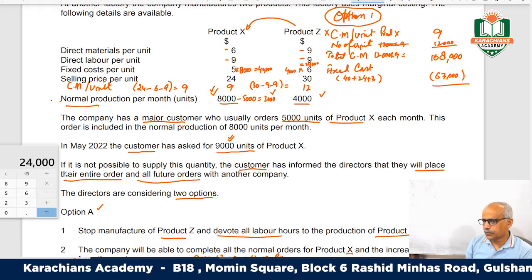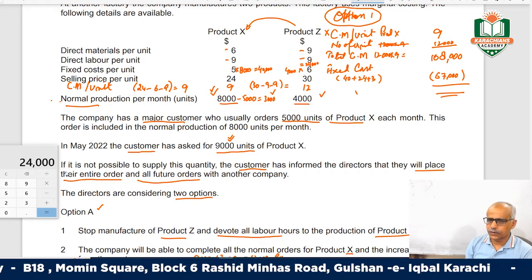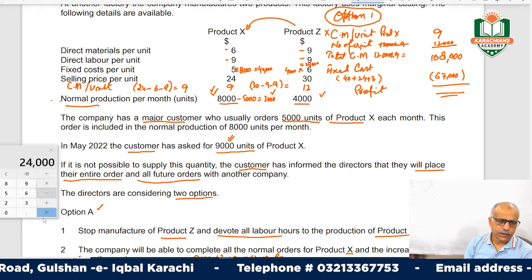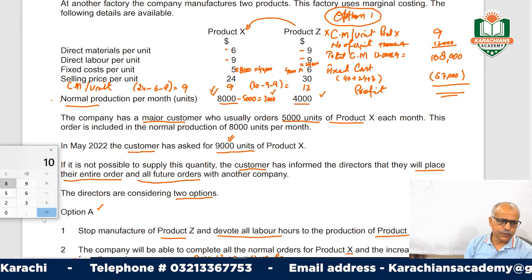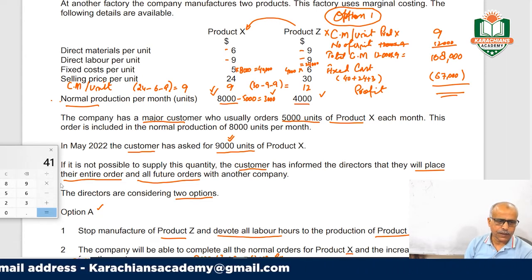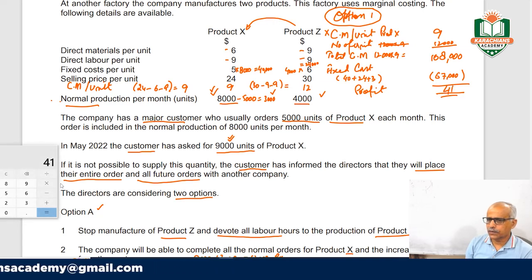So this will be your profit. Under this option, your total profit would be 108 minus 67, 41,000. This is option 1, right?